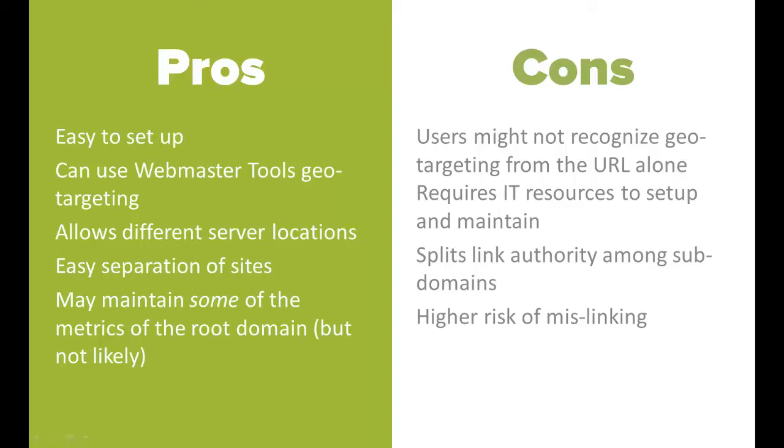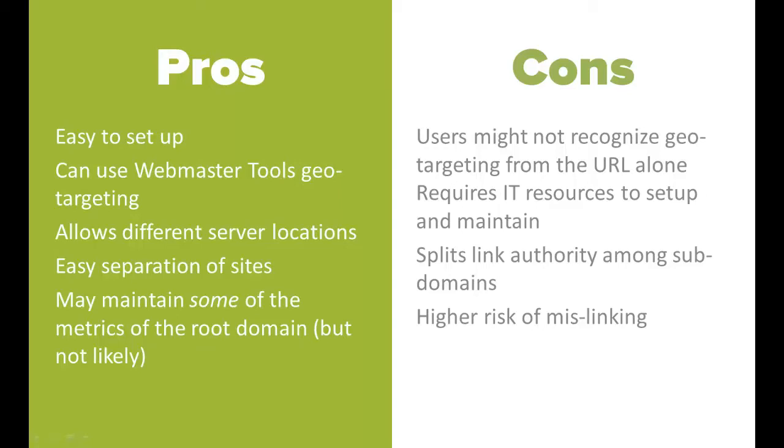Some of the cons of going with this approach are that users can't really recognize the targeting that you might choose. For example, if you want to target German by language, so you have a subdomain set up, de.example.com, then it's not quite clear, because it's not standard, whether that's German or Germany or what that actually stands for.